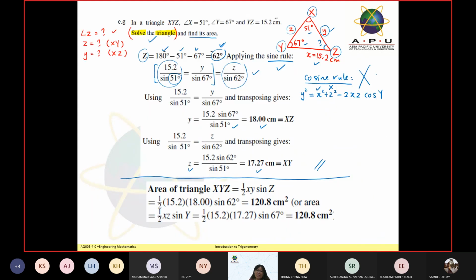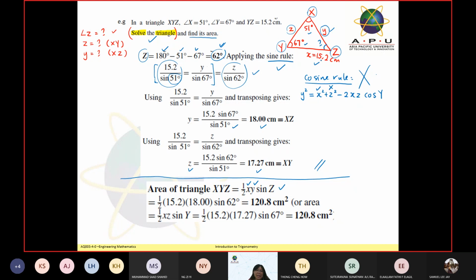Since we already have all the sides and all the angles, that would be convenient for us to use this formula. So we use half times x times y times sine z. You just substitute the sides x and y that we already obtained.